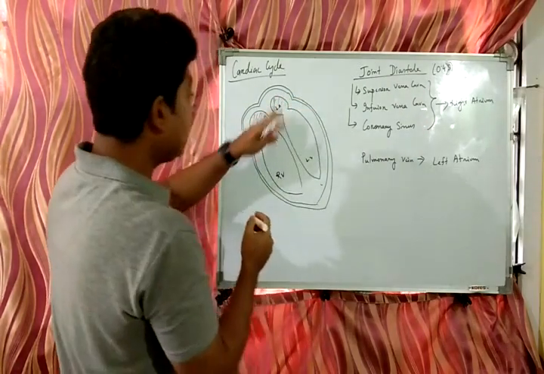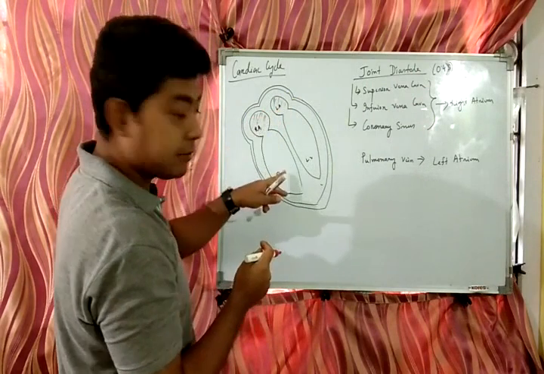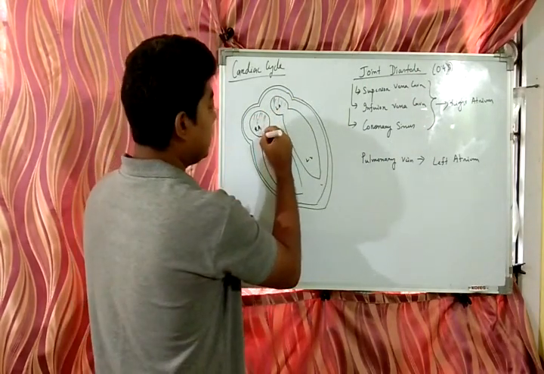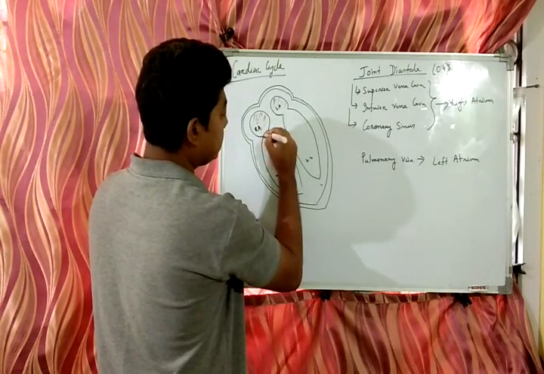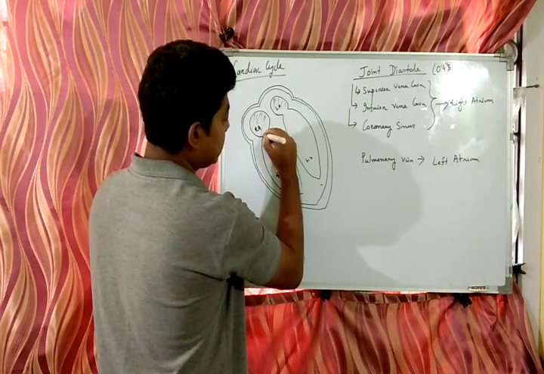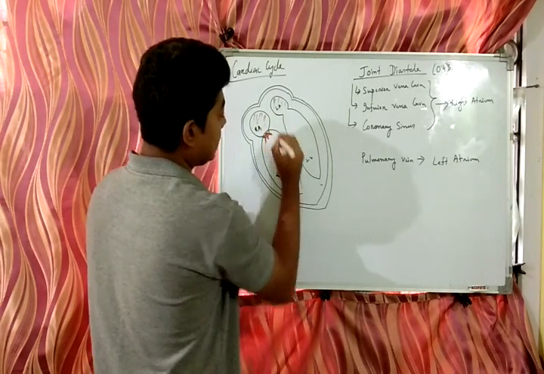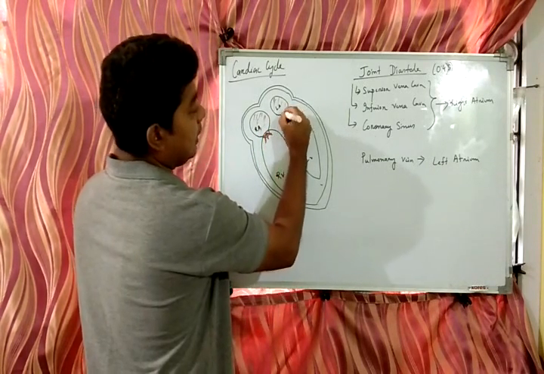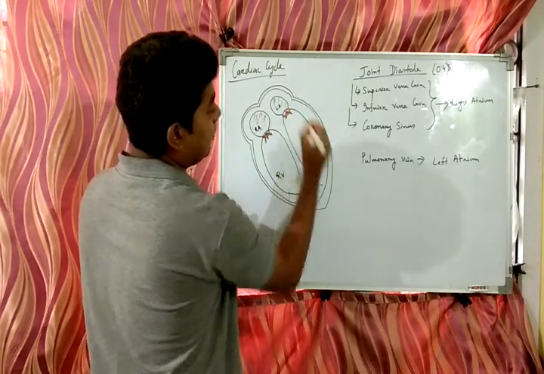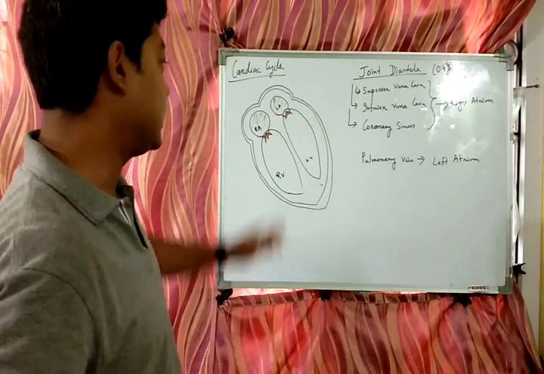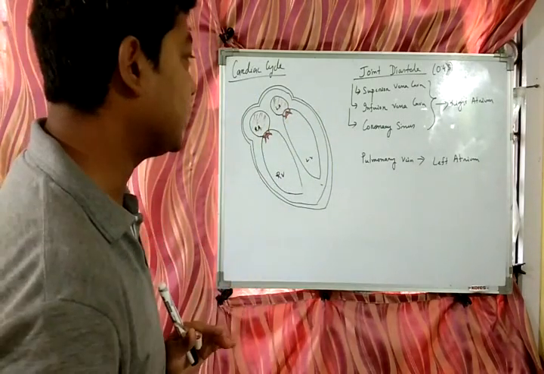Between the right atrium and right ventricle, a valve is present, called the tricuspid valve. And between the left atrium and left ventricle, the bicuspid valve is present.